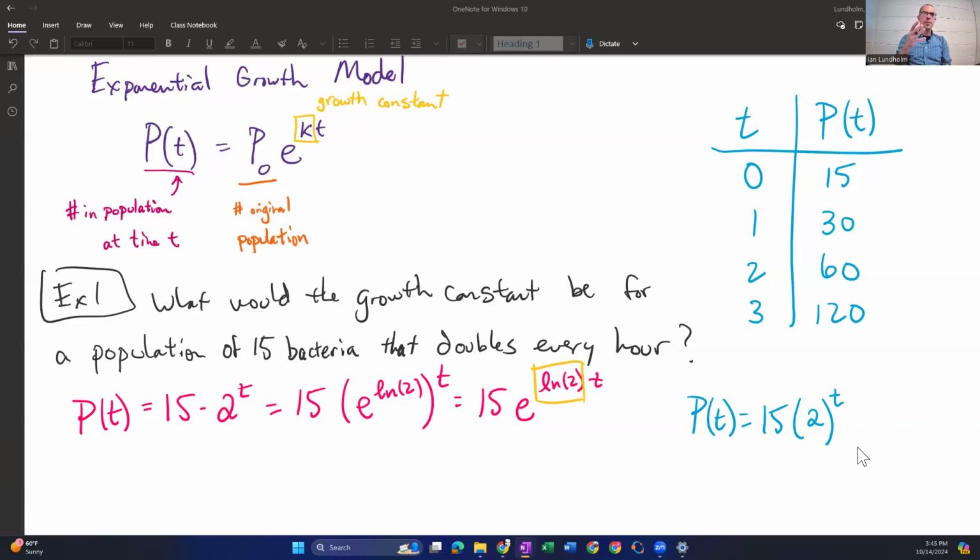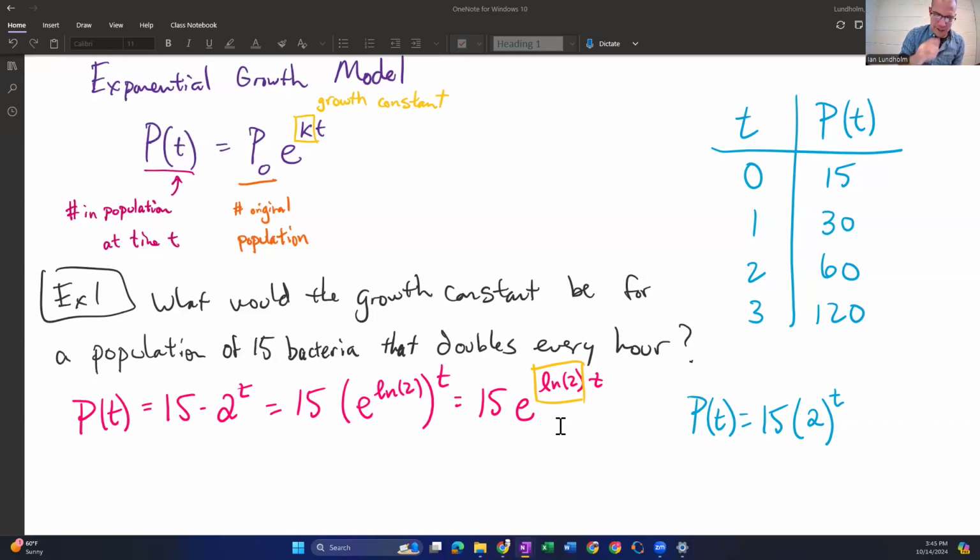And what's cool about this is that now we've expressed it as a base e function. And we know from calculus that when we take the derivative of a function with a base e, we just get the same thing back. We're going to have to utilize the chain rule, so there's going to be a little bit of a hiccup here, but it works out pretty nice.